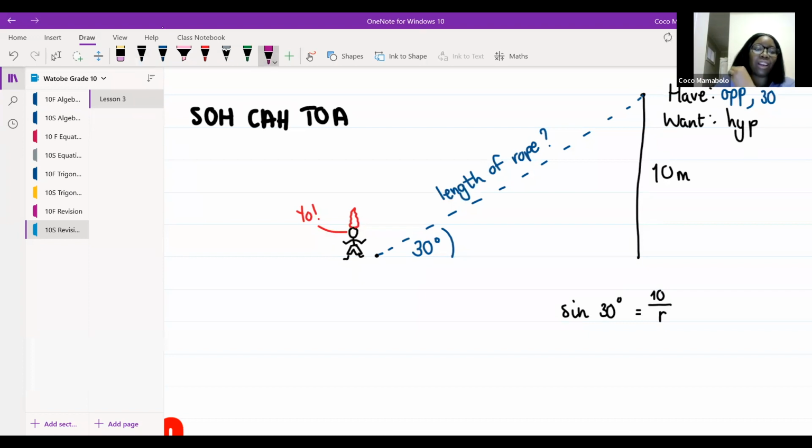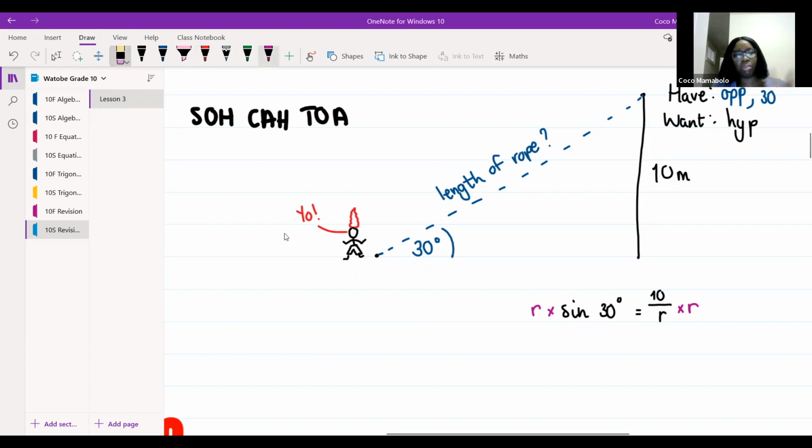I want it sitting on its own because that's what I'm looking for. So I'm going to multiply both sides by R. Or if you guys have been taught this, you can easily just cross multiply, because this is actually over 1. But we're not going to do that in this case.